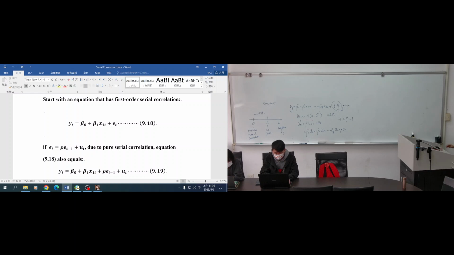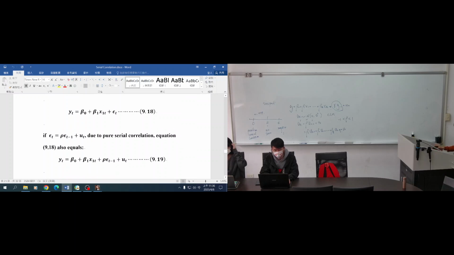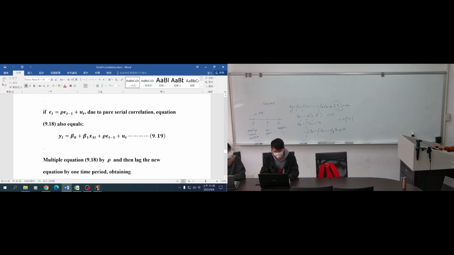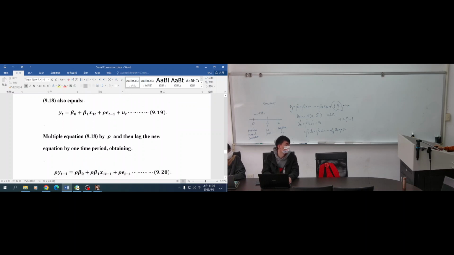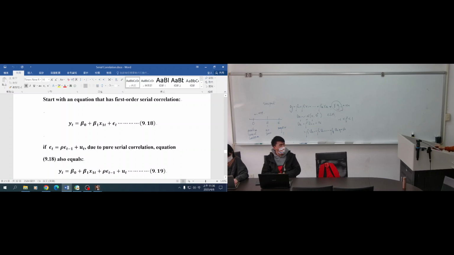All right, and let's see. Since I have this epsilon t from 9.18 and I have this rho, look at 9.20. I put in the lag from 9.18, so all the t becomes t minus 1.